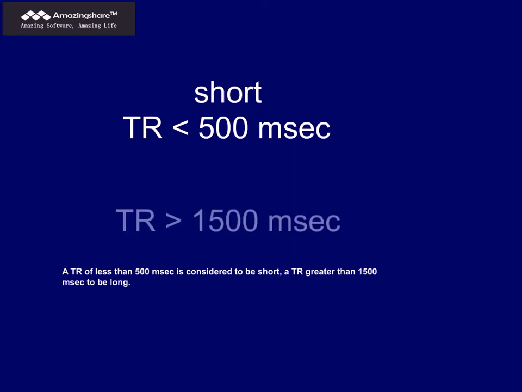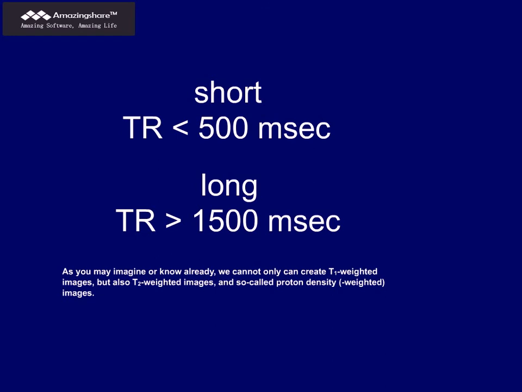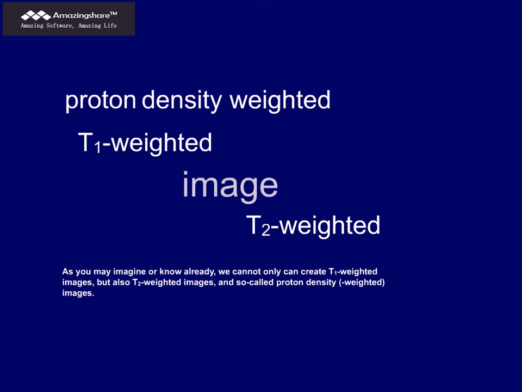A TR greater than 1500 milliseconds to be long. As you may imagine, or know already, we can not only create T1 weighted images, but also T2 weighted images, and so-called proton density weighted images.